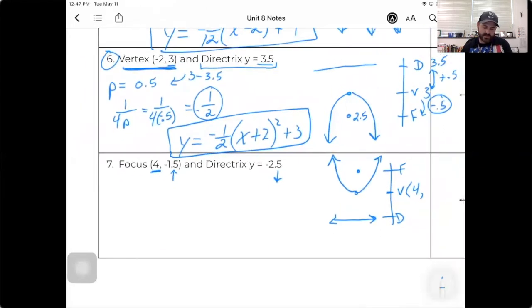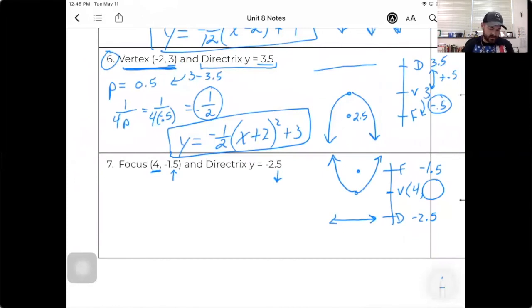Okay, so the focus has a y value of negative 1.5. The directrix has a y value of negative 2.5. Well, I've got to figure out what is exactly halfway between those two to know the y value of my vertex. So again, we add them up and divide by 2. We find the average.